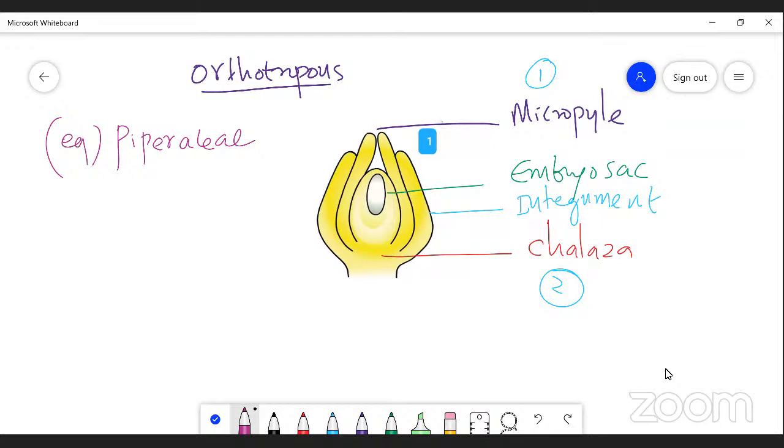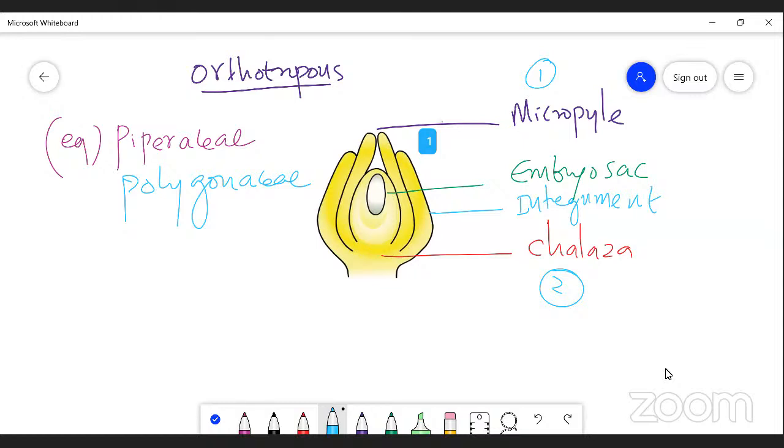In the members of the Piperaceae family, you can see the type of ovule is an orthotropous ovule. One more example is the Polygonaceae family. So there are two examples given for orthotropous: one is the Piperaceae family, another is the Polygonaceae family.